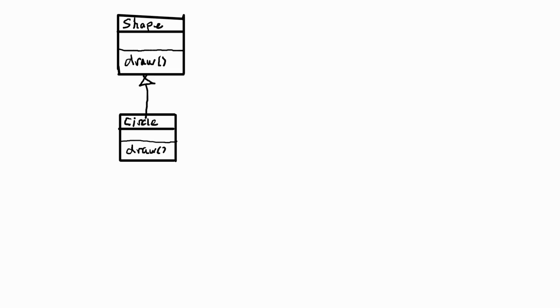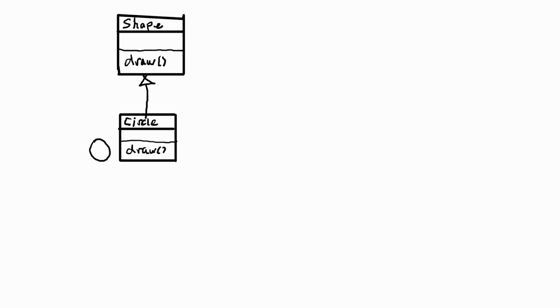You probably know how to draw a circle, don't you, Dan? Sure. Okay, so it's simple because every time we call draw on a circle, it's going to draw something that looks like that, approximately. Now, let's just say we come up with a different shape.